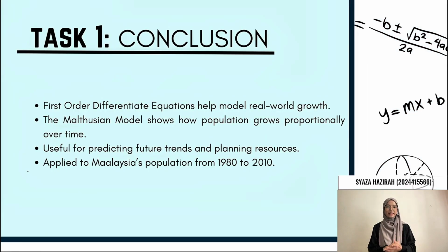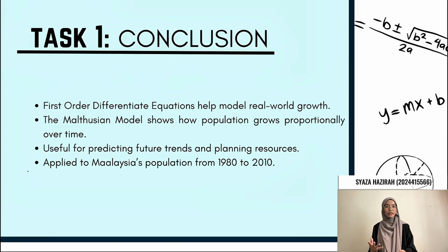To conclude, this task shows how the first-order differential equation can be applied to a real-life situation like modeling population growth. The Malthusian model, which we use, assumes that population increases at a rate proportional to its size.